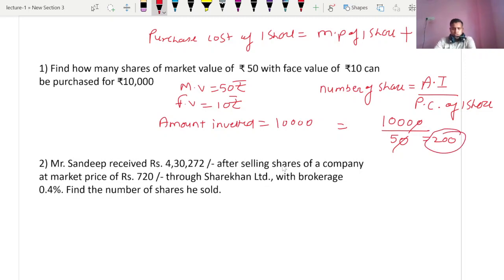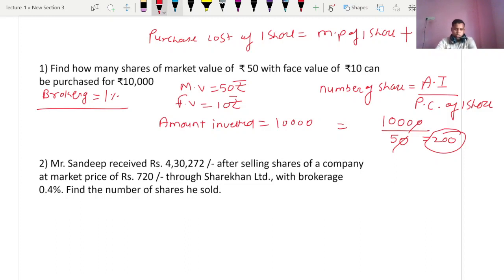Okay. Suppose I am adding here a brokerage charge of 1%. I have added that: find how many shares of market value of rupees 50 with face value rupees 10 can be purchased for rupees 10,000 with brokerage charge of 1%.